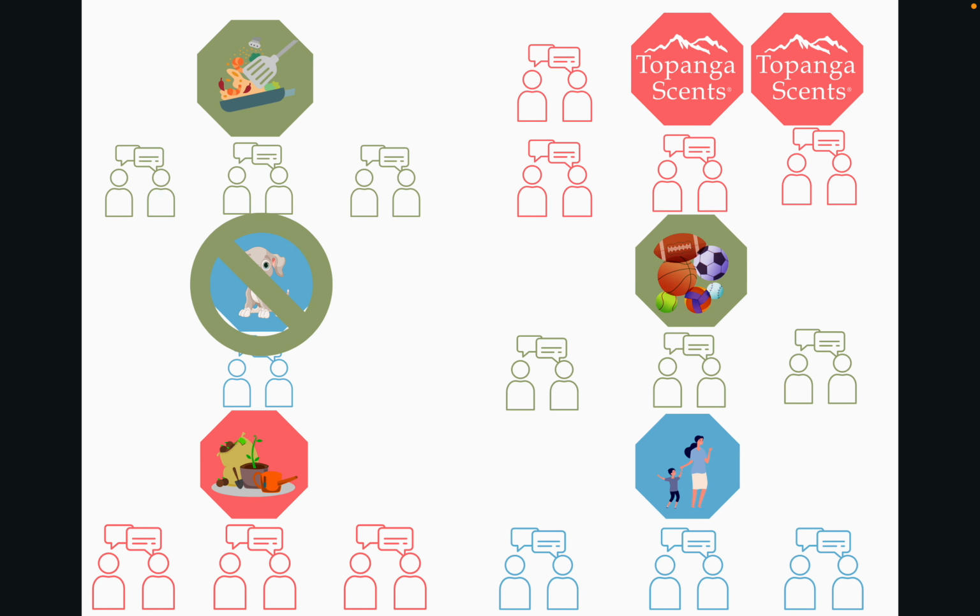But let's say you really are enjoying your new business and you start talking about Topanga Sense more, and you start talking about your new puppy less. Well, what happens is you might gain a new follower that's really excited about your new business opportunity, but you're probably going to lose several of your puppy followers.